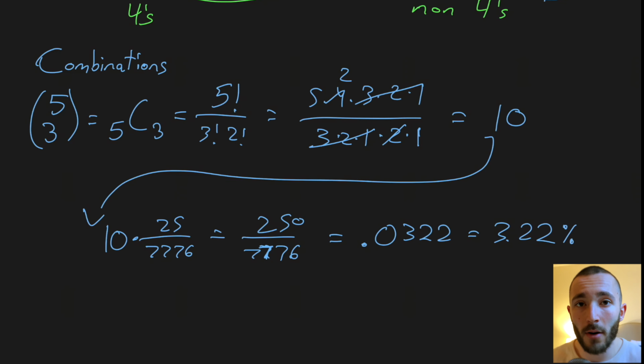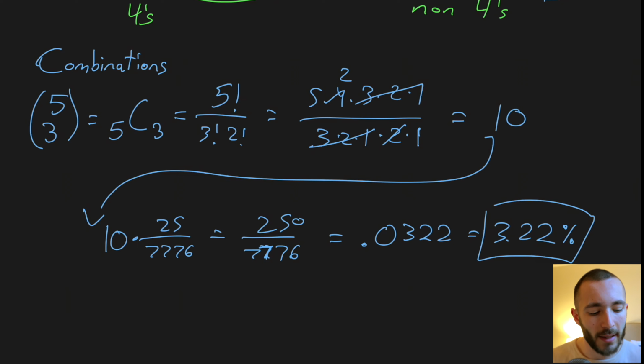And that is our final answer. So again, the probability of getting 3 4s out of 5 rolls is about 3.22%.